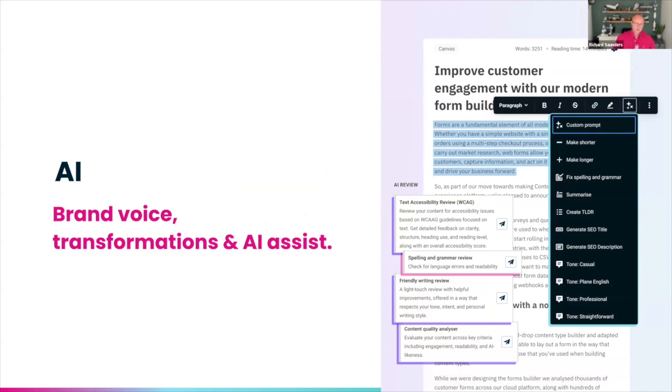We've been looking at brand voice and ways of analyzing your existing content in order to create writing methods that are in your organizational tone, alongside the work that we've been doing in the Canvas editor with textual transformations. So we've got running in the UI at the moment custom prompts within the Canvas editor and within fields on a content type, and you'll see more of that during Velocity.